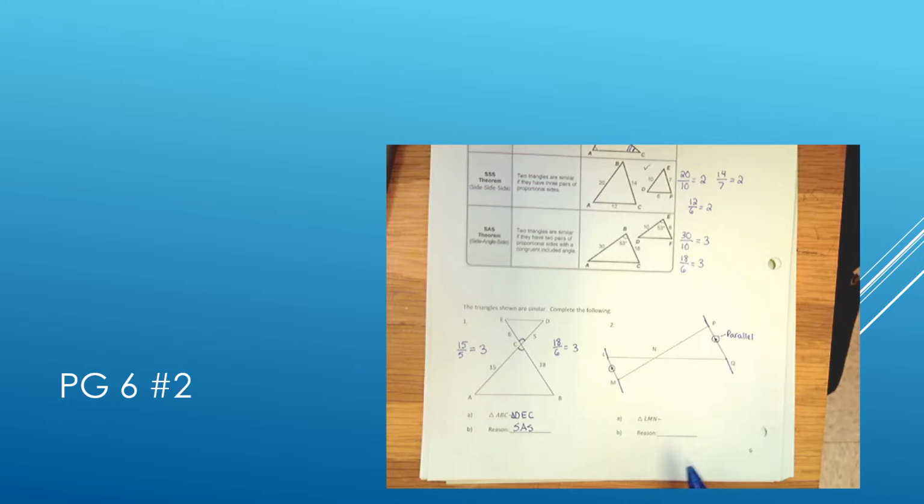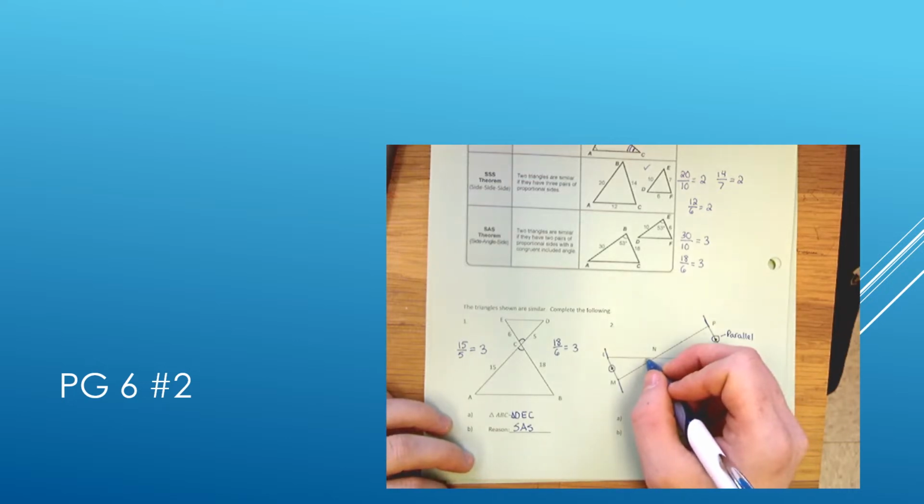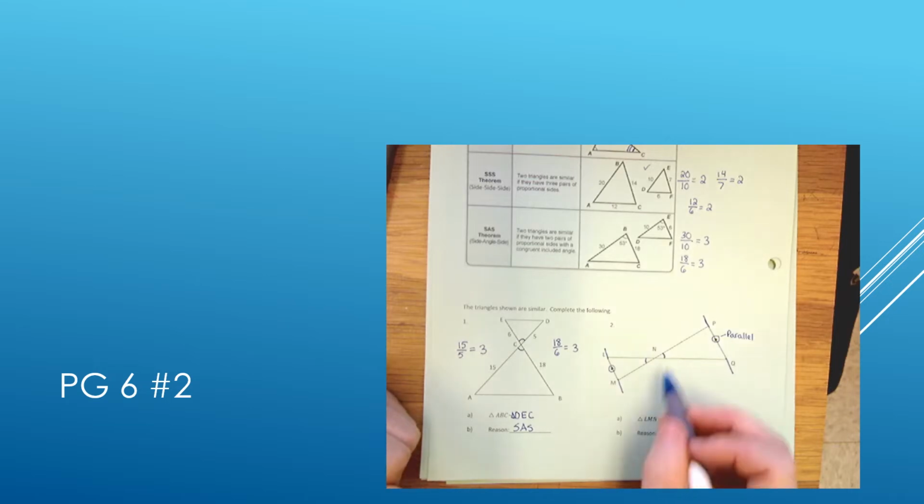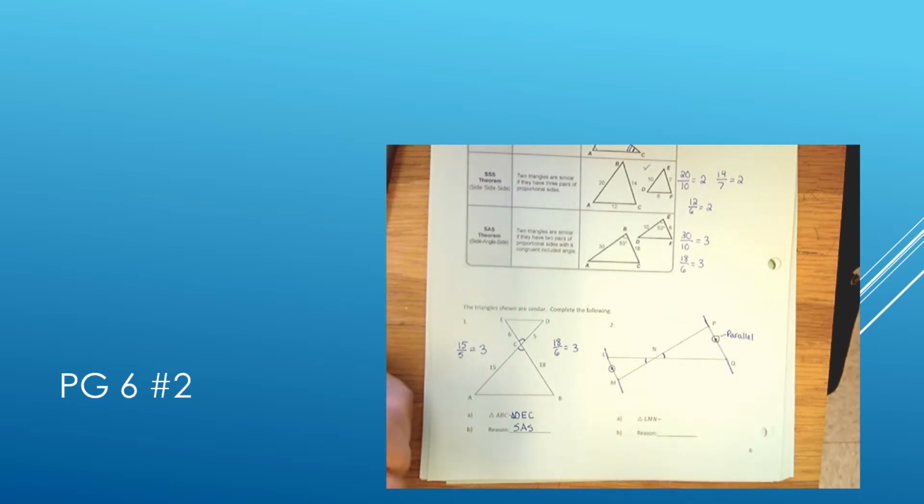Now, in order to use it though, I have to find some angles that are congruent. Well, just like in number 1, I do notice something that I can assume. I can assume that these are vertical angles. And if they're vertical, I know they're congruent. So I found one angle. So now let's try to find another.